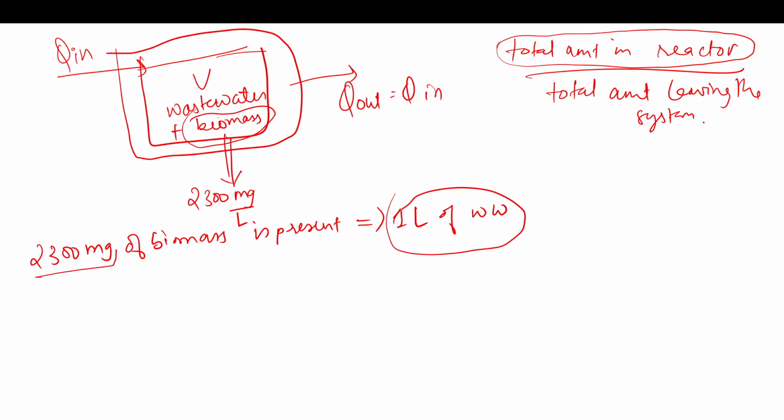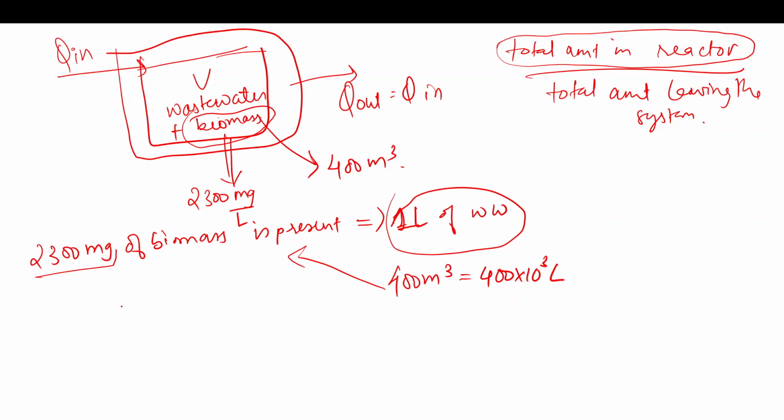Now the volume given for the reactor is 400 meter cube. Right. So for the total amount present in the reactor, if we have 400 meter cube volume, then what will be the quantity of biomass in milligrams, or any mass unit? Let's convert this into the same unit: 400 into 10 to the power 3 liter of wastewater volume.